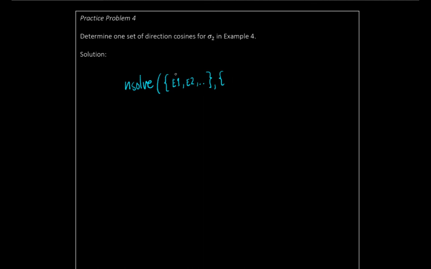So in our case, for the directional cosines, we'll be using K, L, and M. So you can do K, L, and M, and you can close it with a close parenthesis.